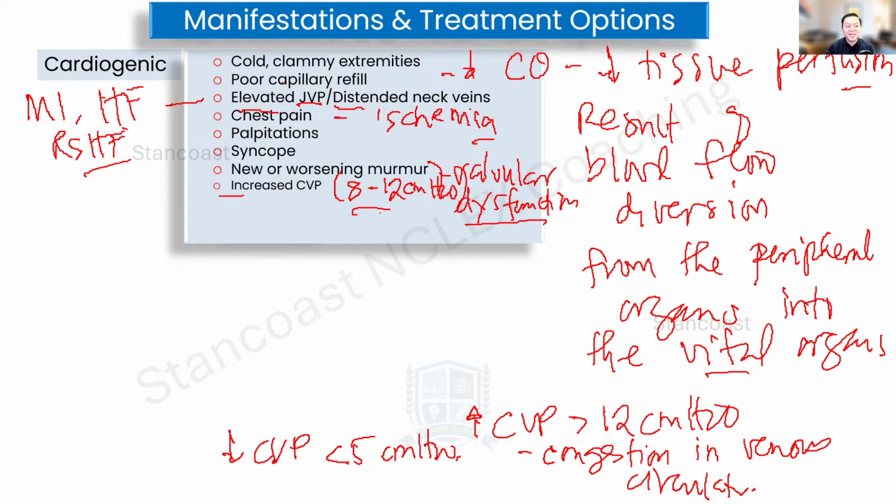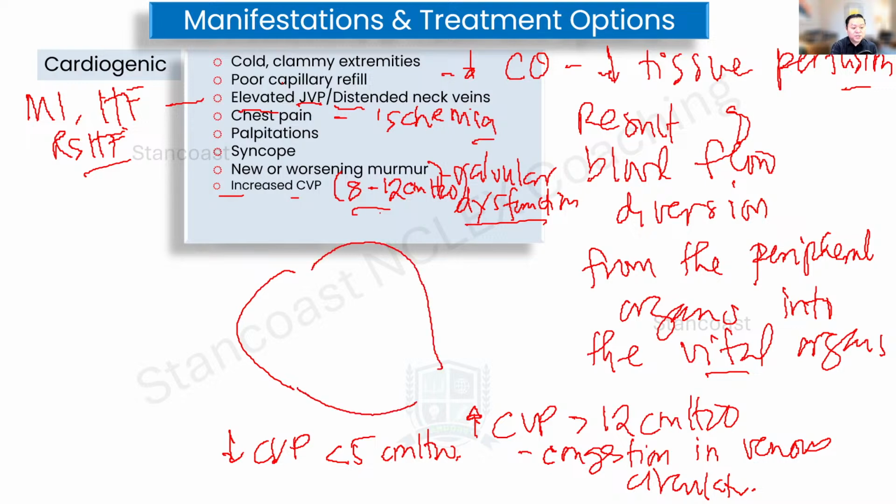There will be an increase in the CVP. Why? Remember about the inefficiency of the heart muscle in pumping blood? Remember about the heart failure. The ventricles will not be able to effectively pump the blood into the circulation. Or let's say the right side of the heart is having an issue in pumping the blood to the pulmonary circulation. So what's going to happen is that there is going to be backflow of the blood from the right chamber.